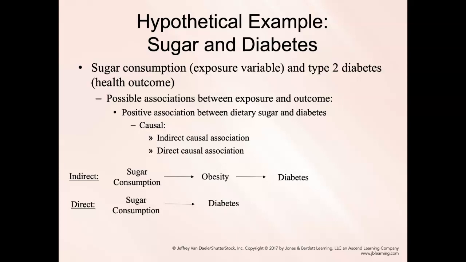So in our example here, we have this causal pathway where it says indirect, and what you see is that sugar consumption leads to obesity, which then leads to diabetes. So there is a causal relationship between sugar consumption and diabetes. However, it's an indirect causal association because there's another variable that falls on that pathway. Or it's possible that you could have a direct causal association, where sugar consumption actually just causes or produces diabetes.